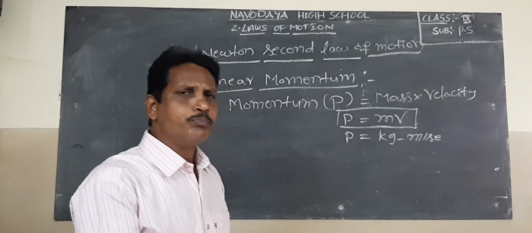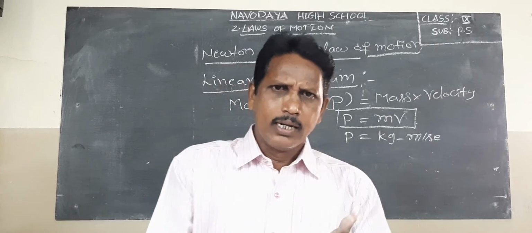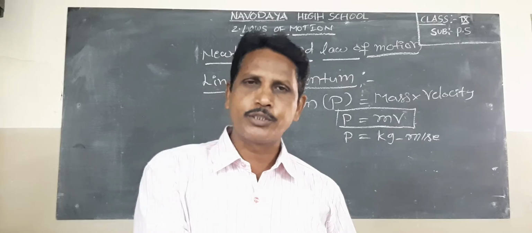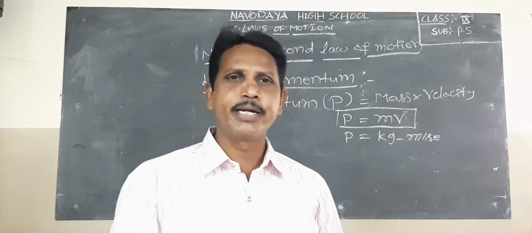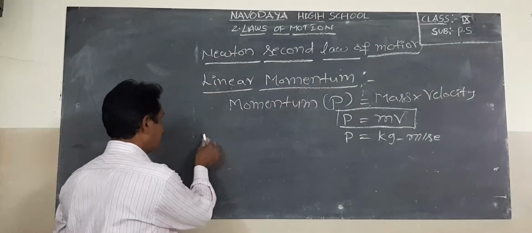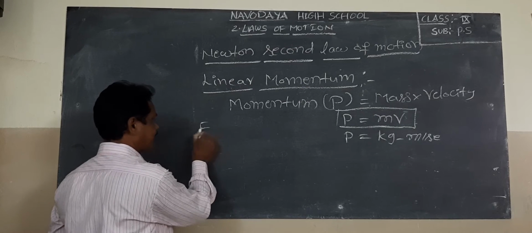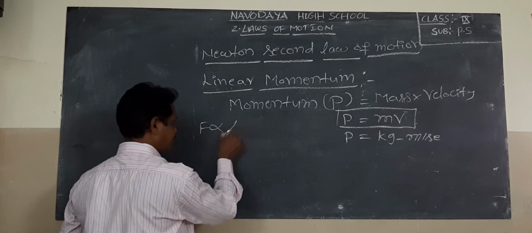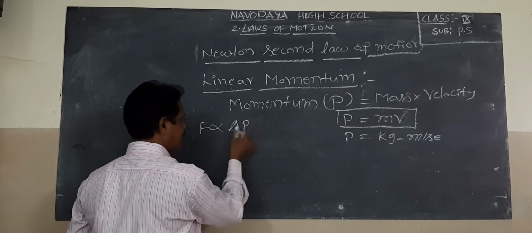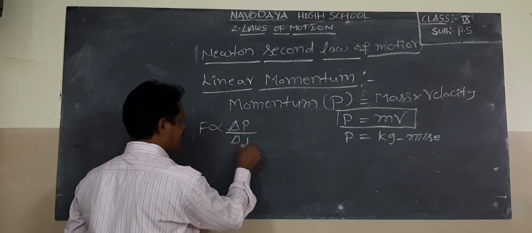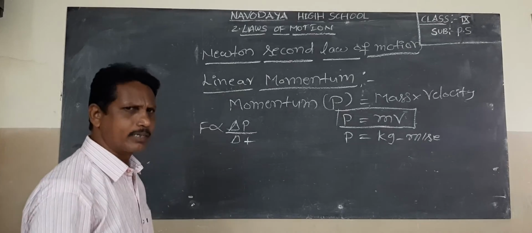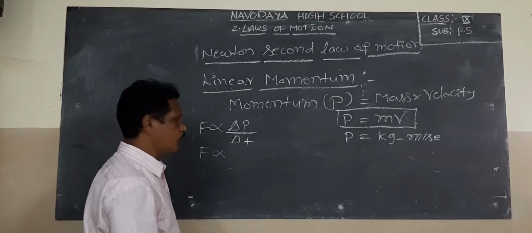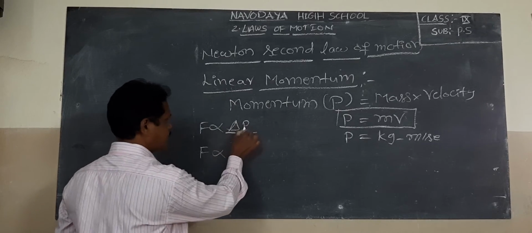Now the applied force is directly proportional to the rate of momentum. Here the net force or applied force is directly proportional to the rate of momentum. Rate means divided by time. Here F is proportional to P, where P means momentum.